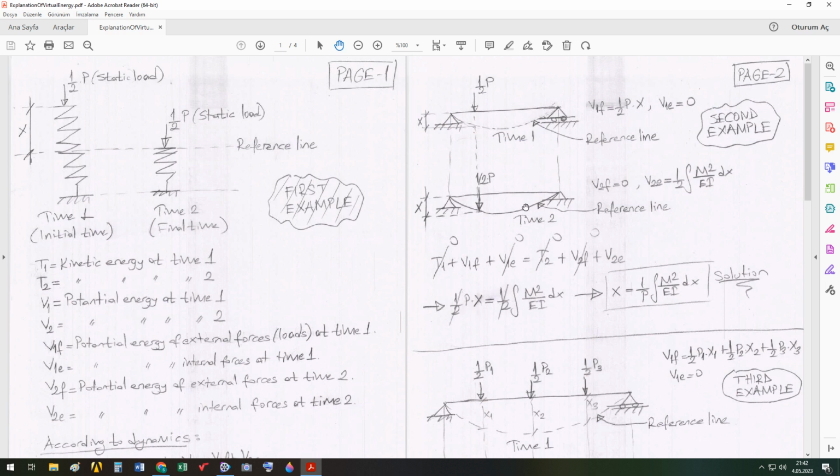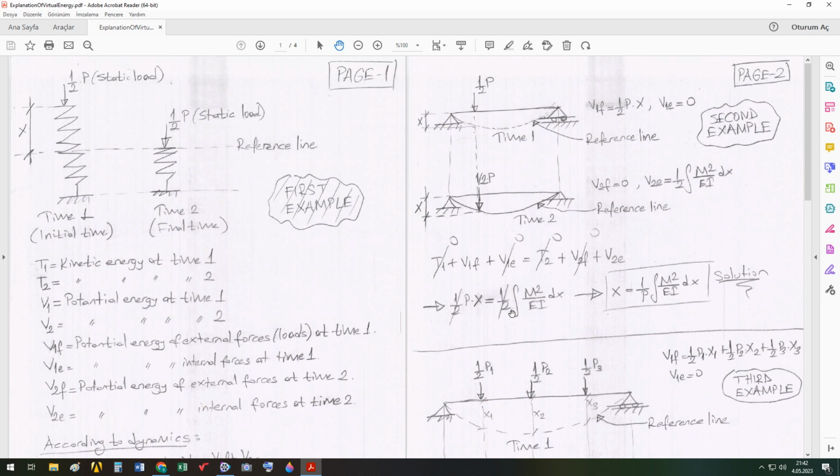Now this time I know the elastic energy is written, from strength of materials and structural mechanics and analysis, 1/2 times, this is the moment function, which is calculated under load P on the beam. It's M squared divided by EI. Here E is the elasticity modulus and I is the moment of inertia, as you know.